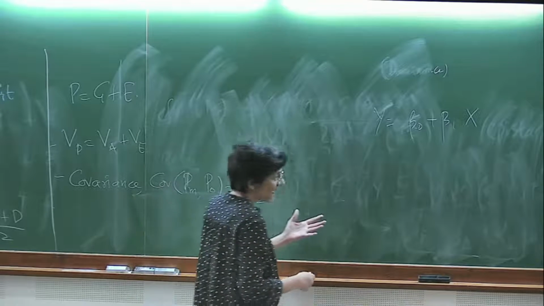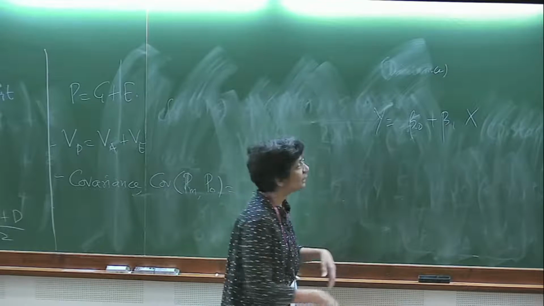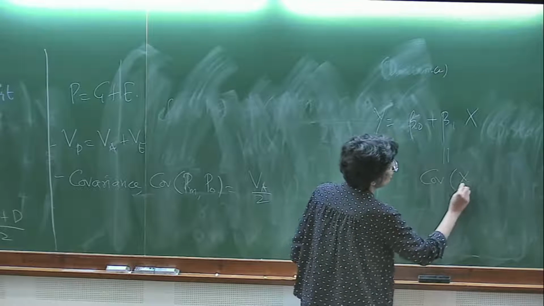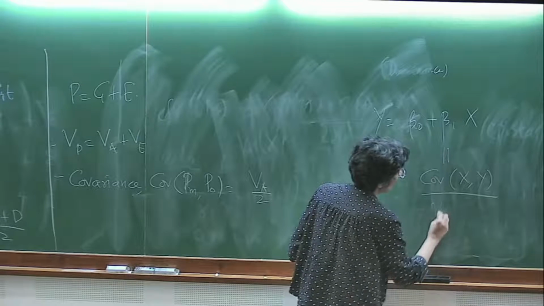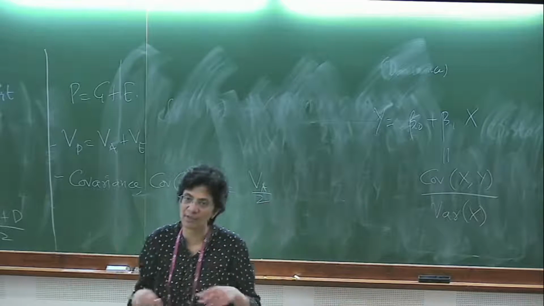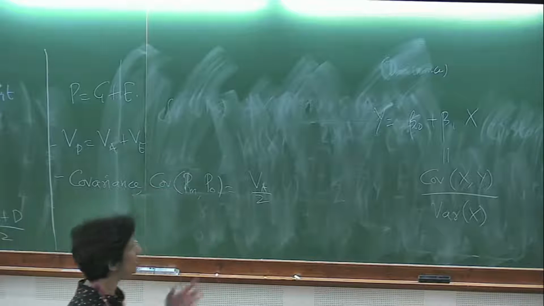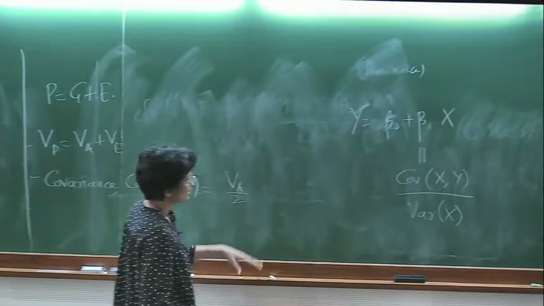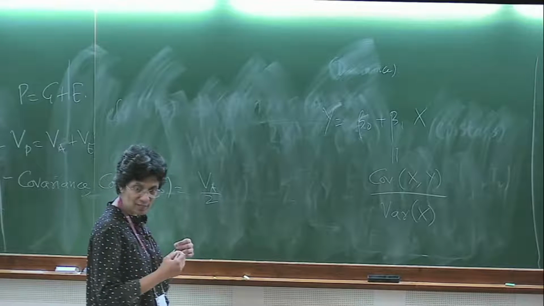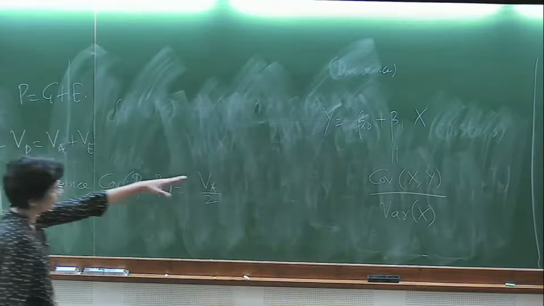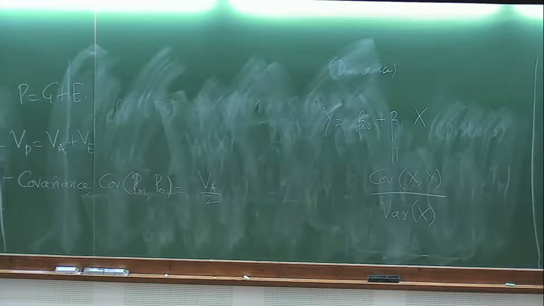If you do that, it turns out that beta 1 is nothing but the covariance of x and y divided by the variance of x. This is just an overview because we are running out of time and you're tired. And here the variance of x is the variance of the phenotype of the parent. I'm trying to understand the meaning of this line.